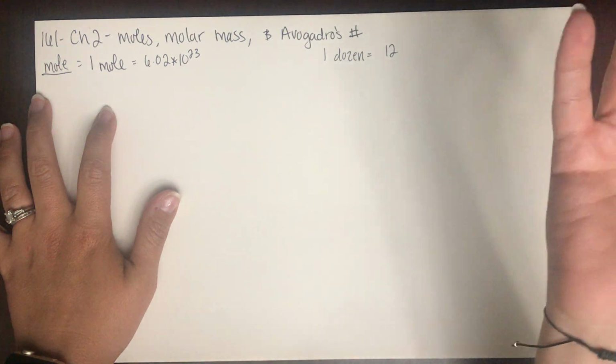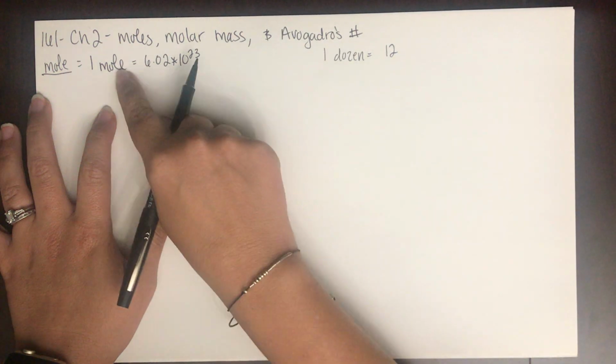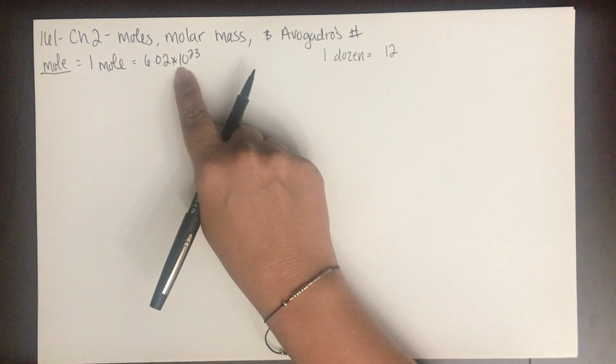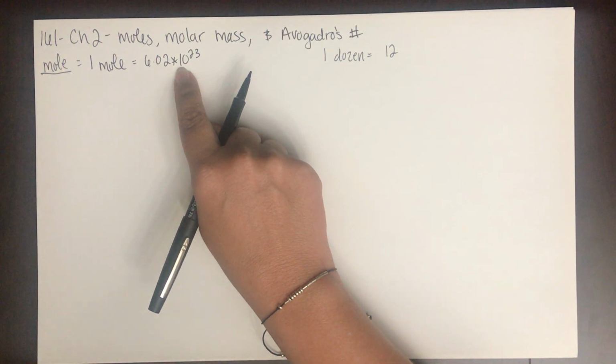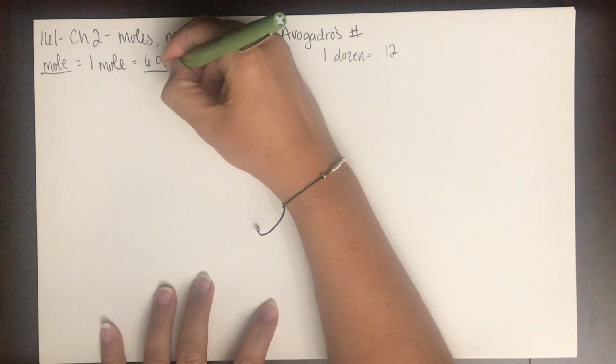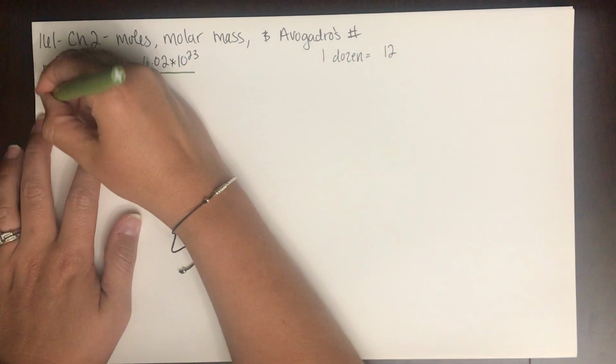We know when somebody says a dozen eggs, they mean 12 eggs. If somebody said they got a mole of eggs, that means that they bought 6.02 times 10 to the 23rd eggs. So this number, 6.02 times 10 to the 23rd, is an important number. This is called Avogadro's number.